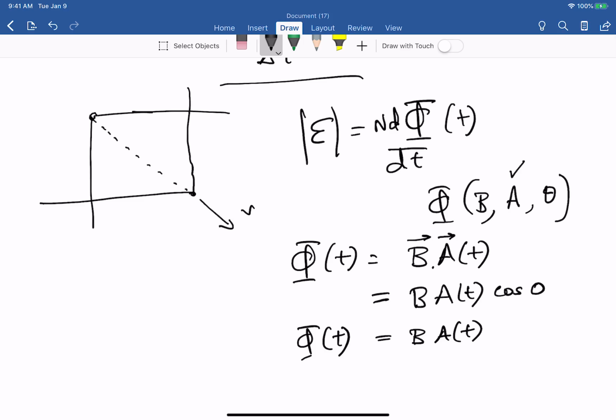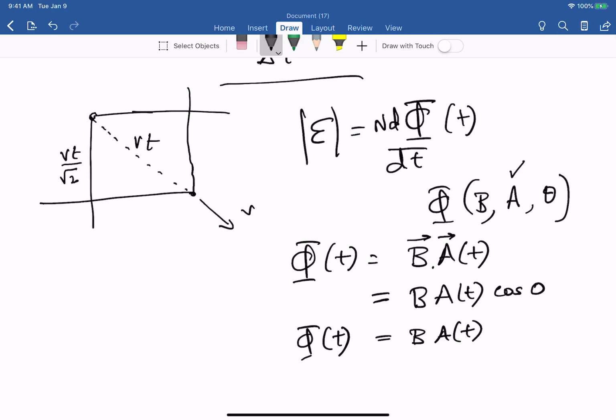So after t seconds, what is the length of the diagonal? Clearly, it's just going to be v multiplied by t because it's moving at a constant velocity. So each side of the square would be vt divided by root 2, right? Just Pythagoras theorem.